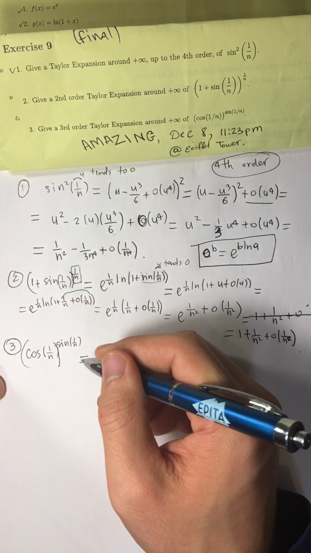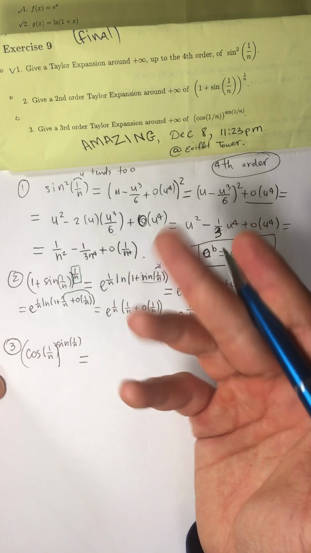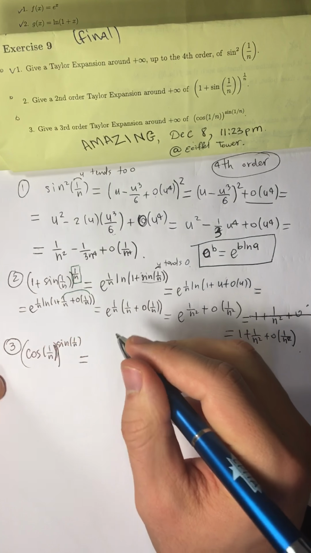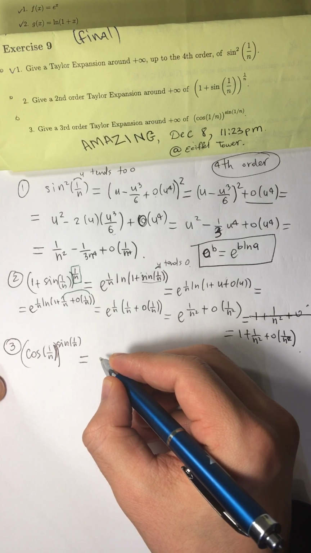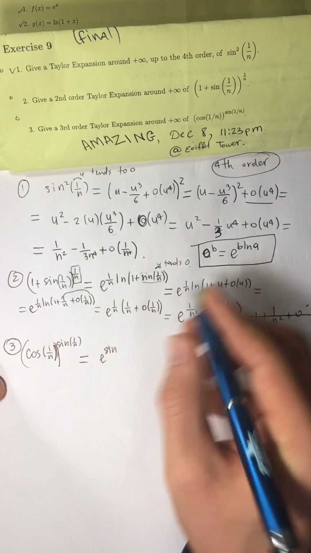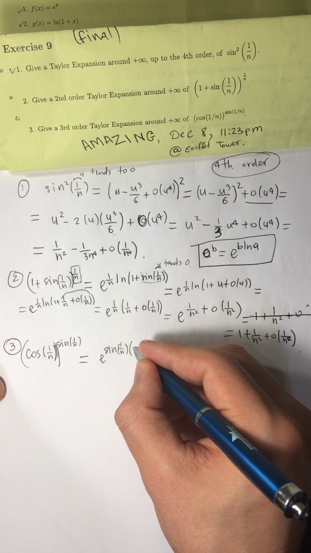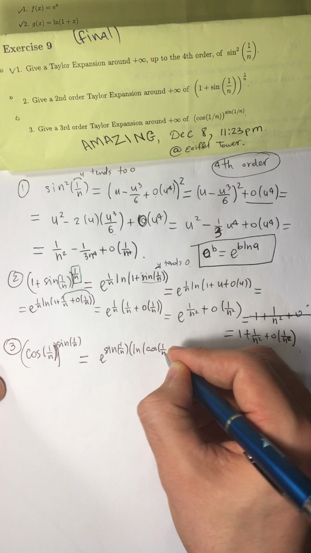It's the same as exercise number 8, but we cannot use it right now, because if this is the question, you have to calculate it from the very beginning. So what we can do is write e, the same formula, sine 1 over n times ln cosine 1 over n.